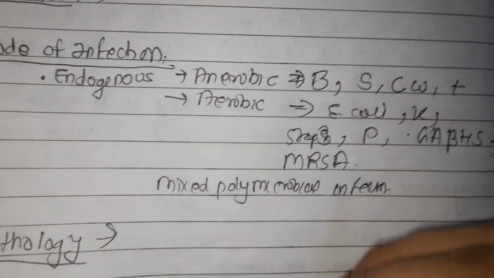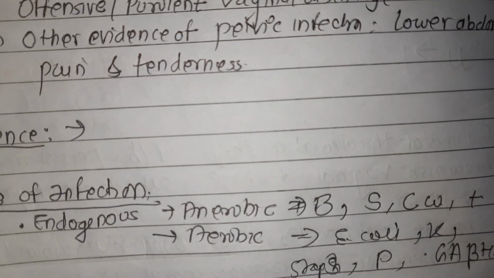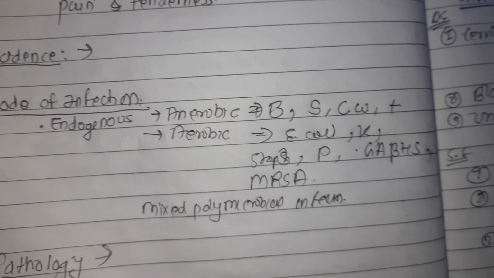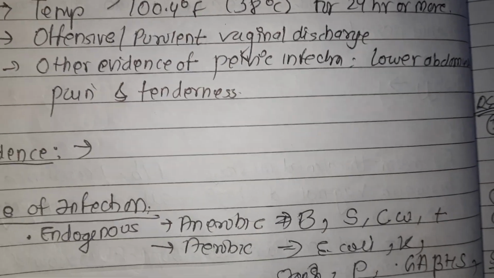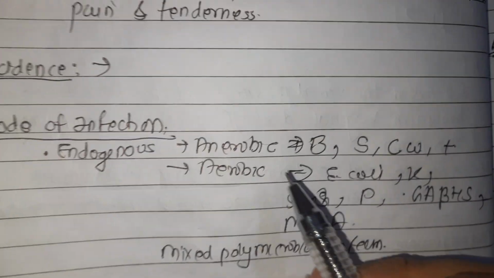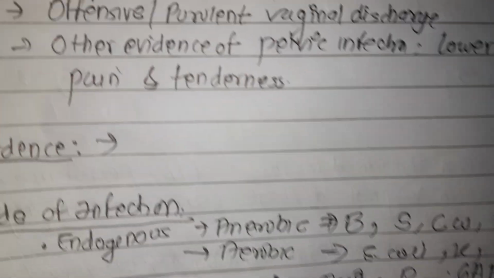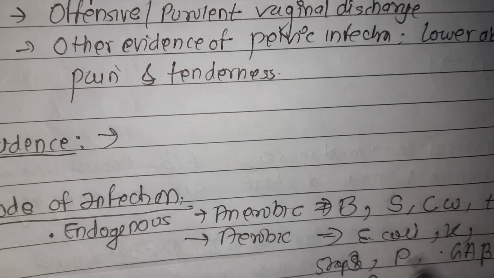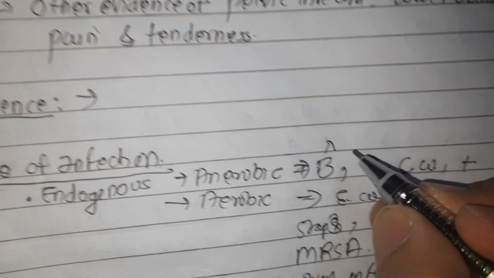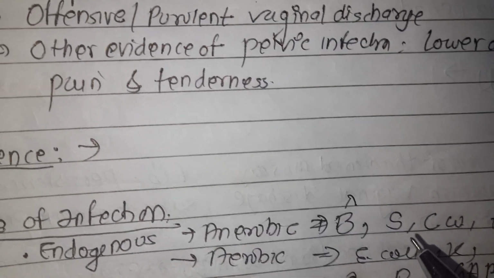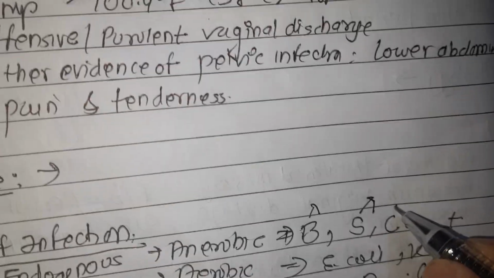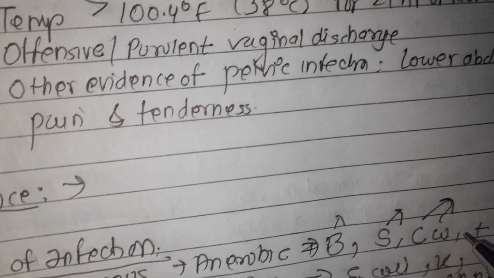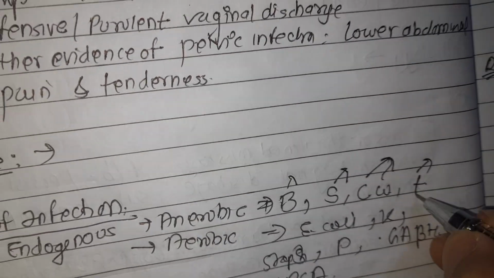Now, talking about the microorganisms involved in the sepsis, they are usually those normally present in the vagina, that is endogenous. The anaerobes include the Bacteroides group like Bacteroides fragilis, anaerobic Streptococci, Clostridium welchii, and the tetanus bacilli.